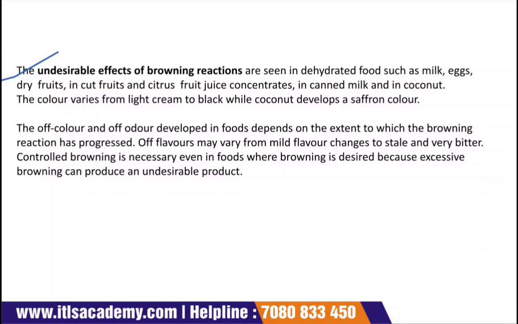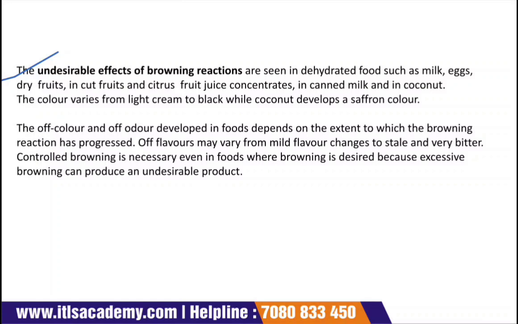This undesirable effect of browning reaction is mainly seen in food items that are dehydrated. Dehydrated means where the water content is very low. Most of the dehydrated foods like fruits and vegetables, dried eggs, and canned or dried milk lead to a browning effect, and that browning is undesirable.